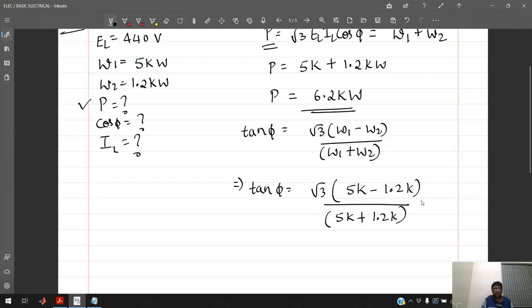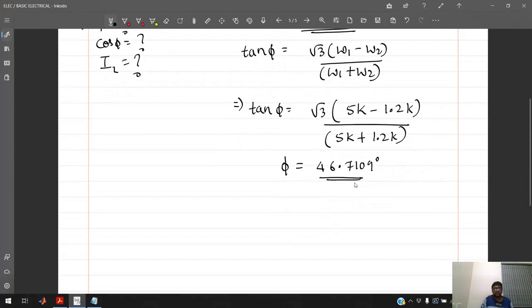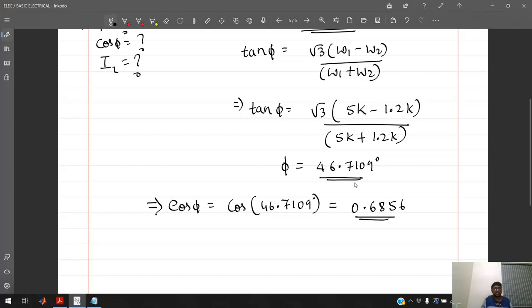Now if you solve this for phi, you are going to get phi as equal to 46.7109 degrees. So phi value you have got. Once you know the value of phi, cos phi is equal to cos of 46.7109 degrees, which is equal to 0.6856 as the power factor. So you have calculated the second part of the question.